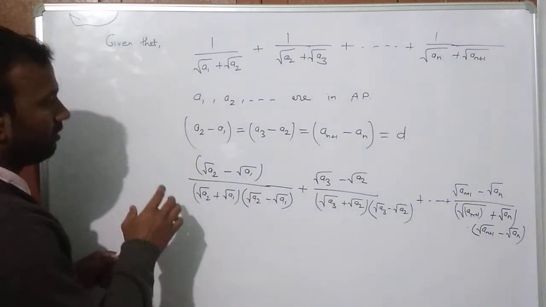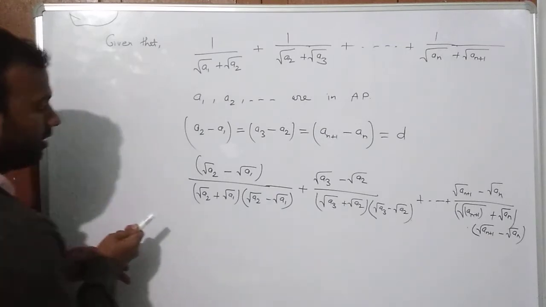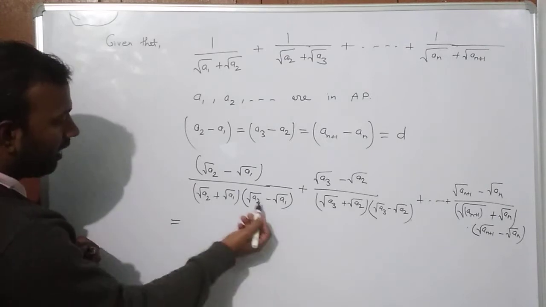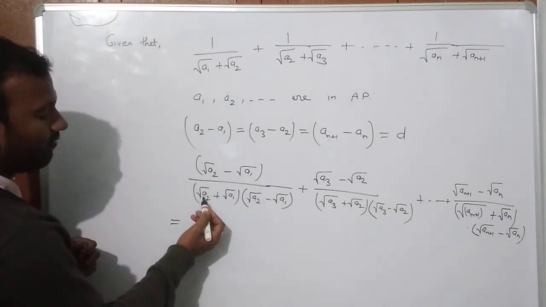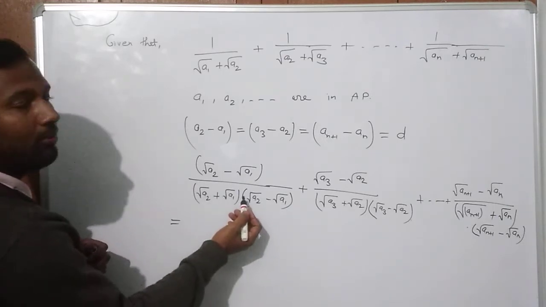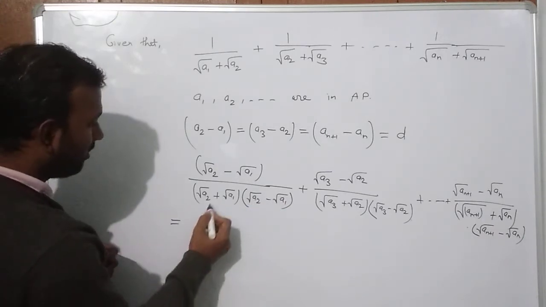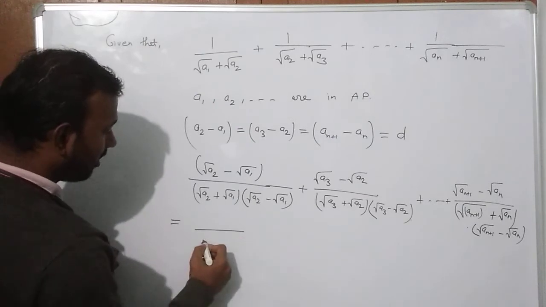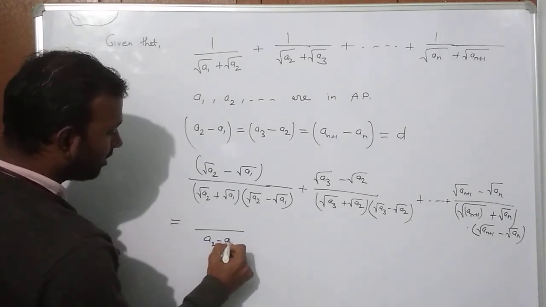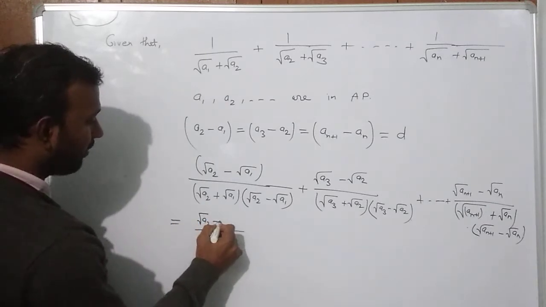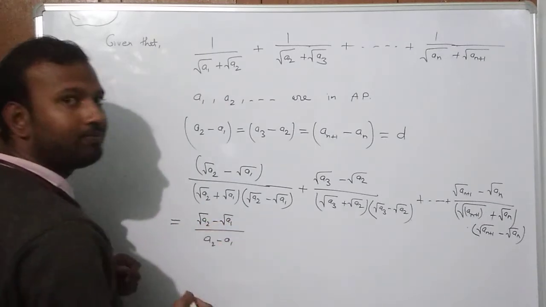Now here in the next term, as I said, if you multiply, we will get from the formula of a plus b multiplied by a minus b equals a square minus b square. We can write the denominator as a2 minus a1, and the numerator will be under root a2 minus under root a1.